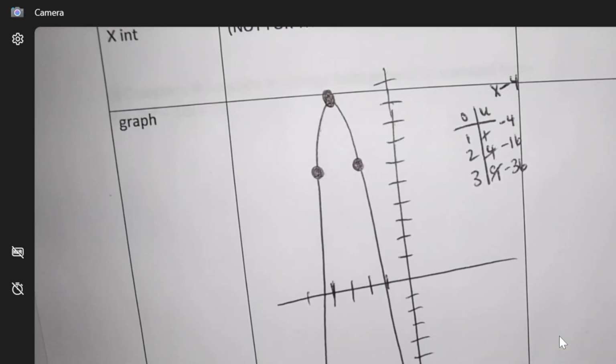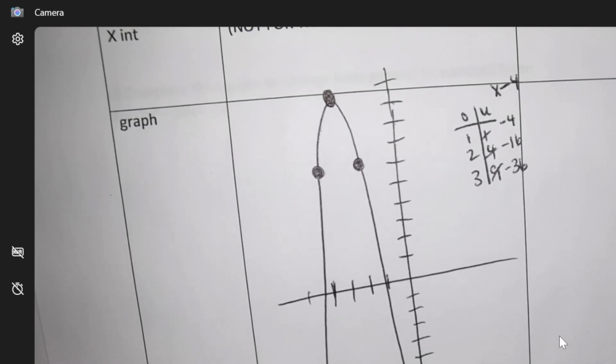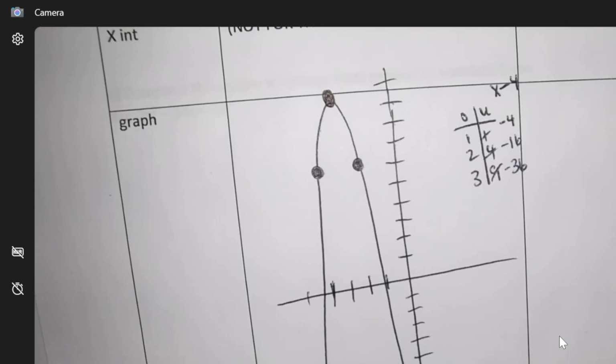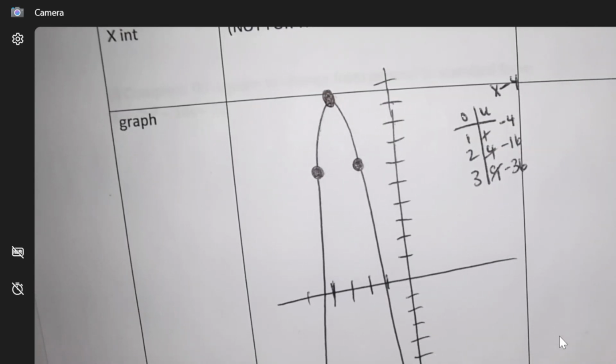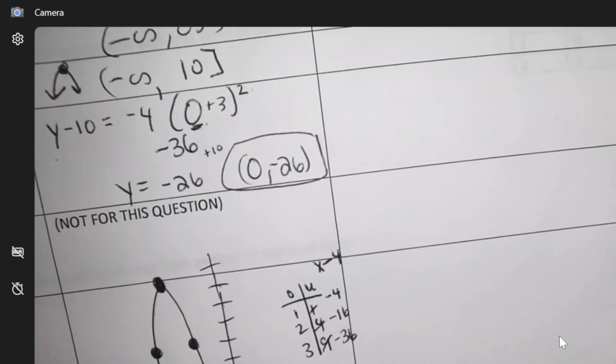Okay, do you see that? Does your y-intercept make sense? You always say that on the graph. Would this cross down here at -26? Yep, because if I'm going to go 36 down, that's where it's going to hit. Okay, that's good.